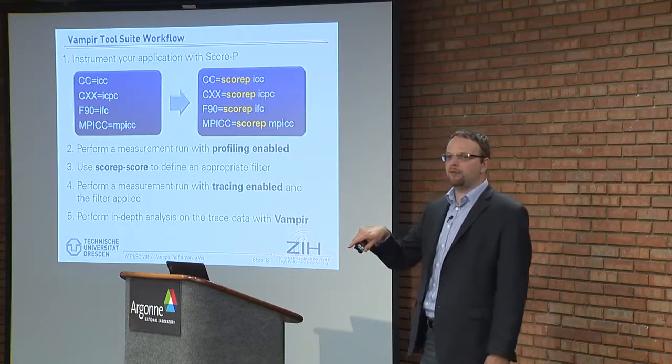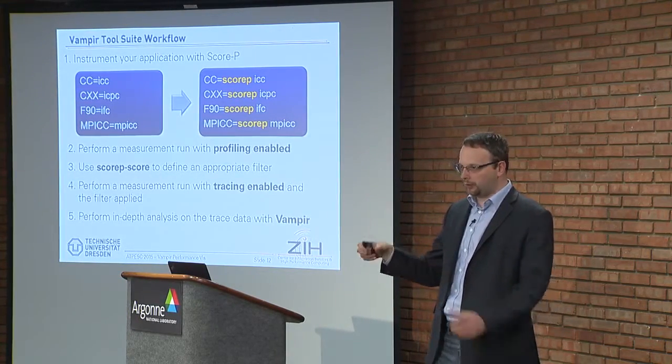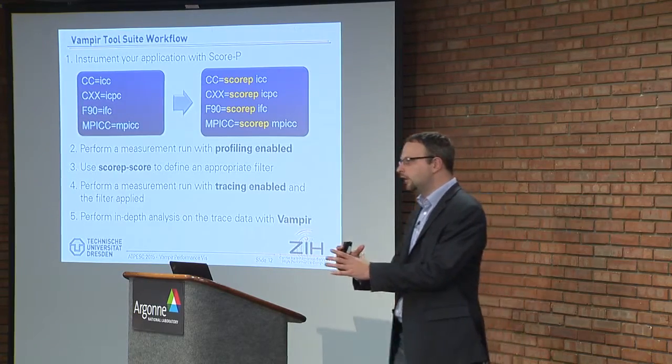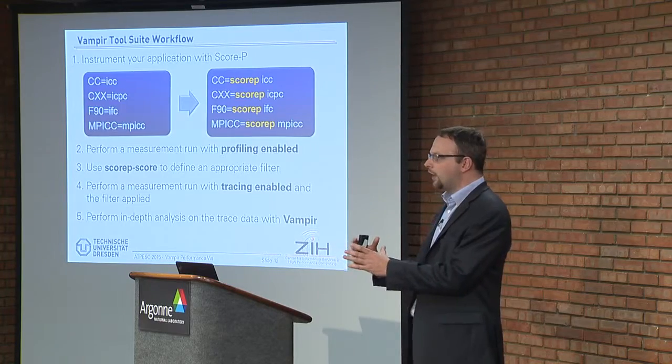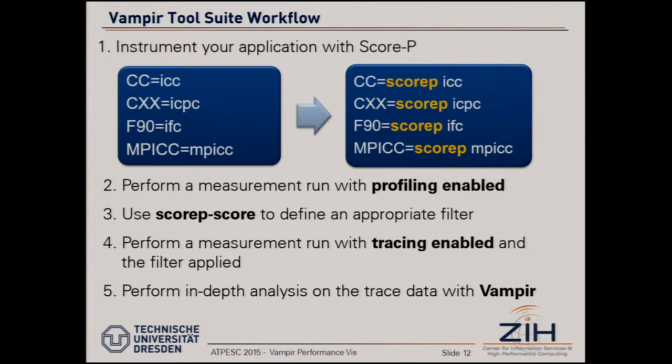And then you rerun with tracing enabled using the filter that you just created. And by this, you limit the scope of this very fine-grained analysis. Because with tracing, you are almost down at the processor clock level with the resolution you can achieve, so much more fine-grained than typical sampling frequencies. And then you load the trace file and you analyze it in Vampir.